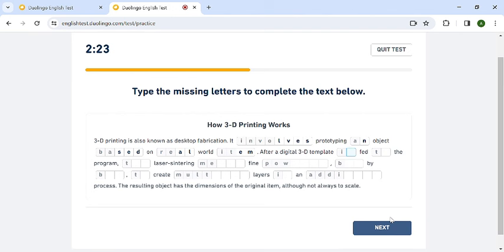After a digital 3D template is fed to the program, the laser simply powered, not sure, by what?